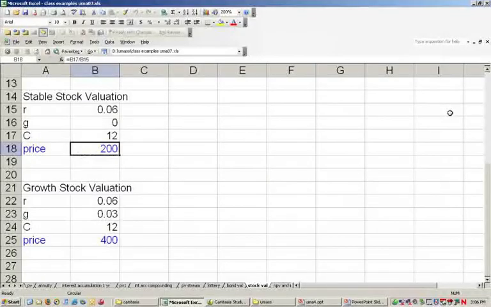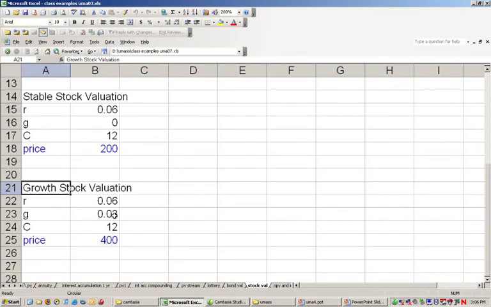We're back to our Excel file, and just to review, our stable stock situation had a market capitalization rate of 6%, an assumed growth rate of 0, and a current dividend of $12 per share. Now we're moving to the growth stock situation where we have a current dividend of $12 per share, same market capitalization rate, but the growth rate is now assumed to be 3%, or the assumption is that this firm is going to be growing at 3% per year.